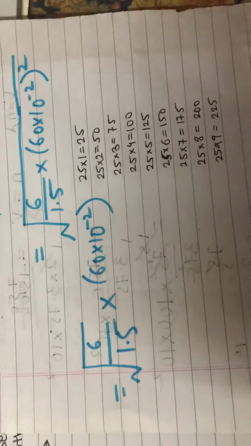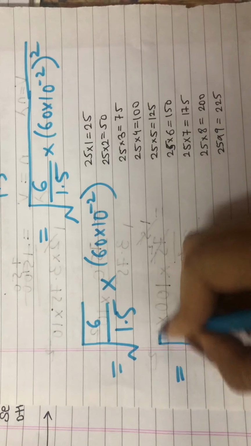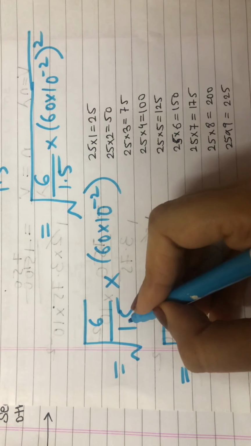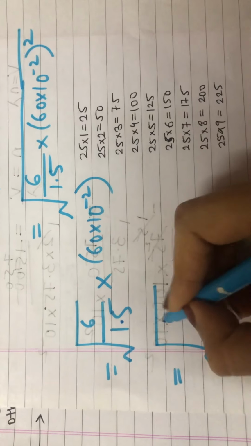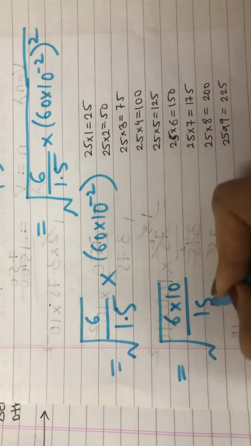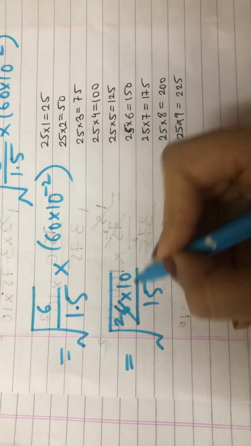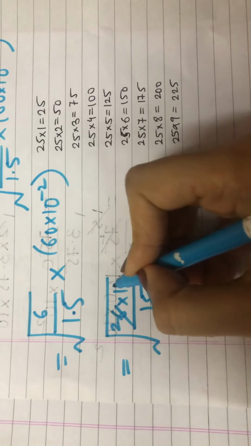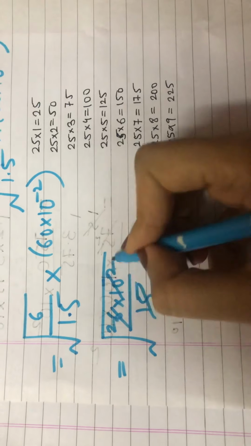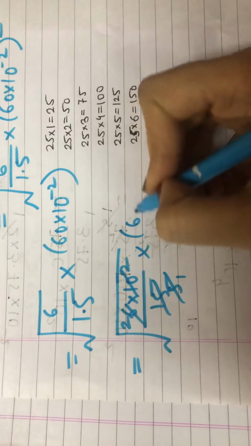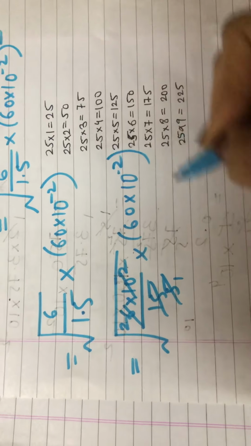Now we'll solve this term, the square root of 6 upon 1.5. To make it 15, since after the point I have just one digit, it will be 6 into 10 upon 15. 3 2s are 6, 3 5s are 15, 5 1s are 5, 5 2s are 10. So in the square root we have 4, and this term as it is, that is 60 into 10 raised to minus 2.